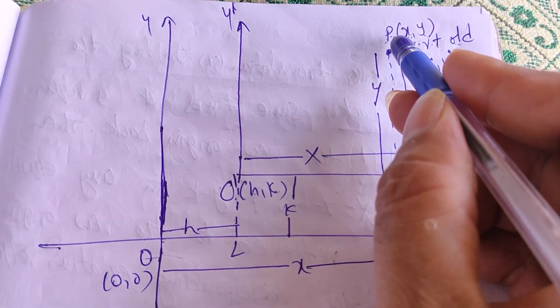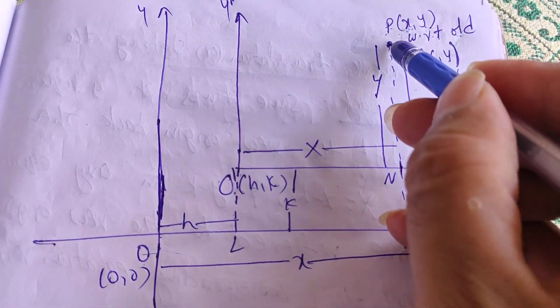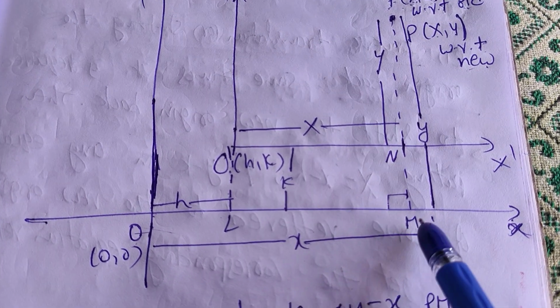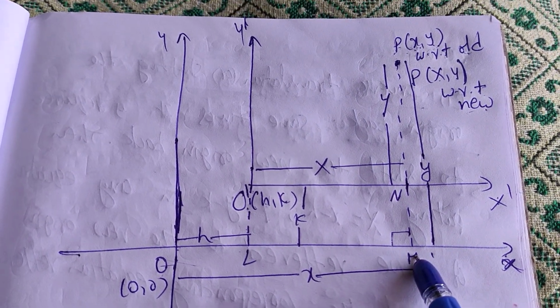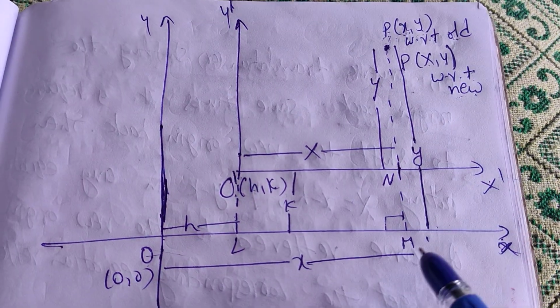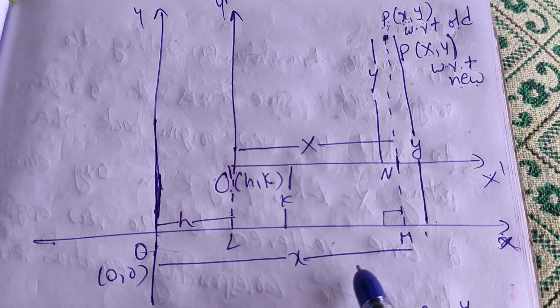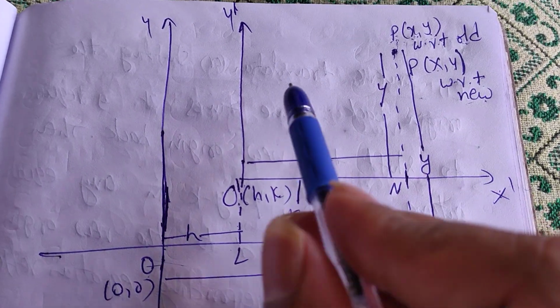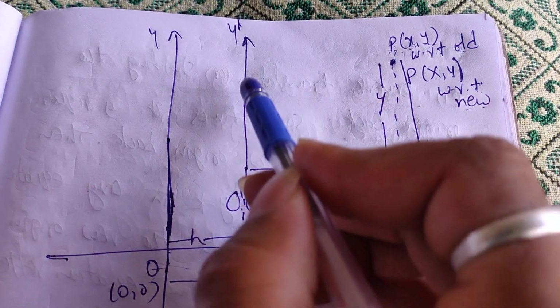This is the point P x comma y. If you draw a perpendicular to the x axis, it meets the x axis at M. Now this length is small y, and this length is small x, according to the original coordinate axis.